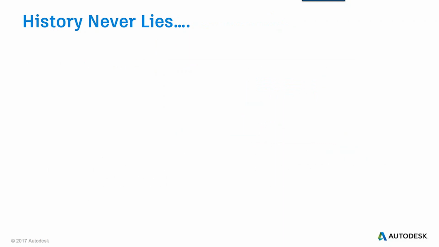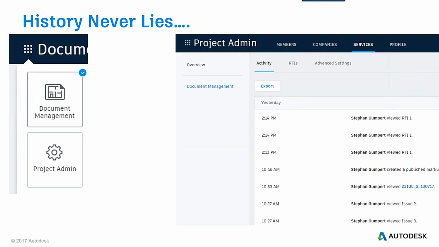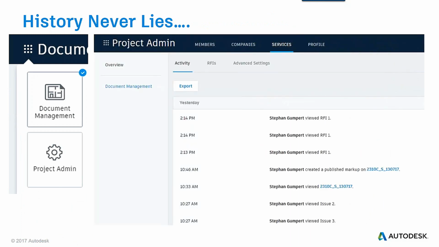As my title suggests, history never lies. We've talked a lot about the accountability side of things. If we come in and have a look at our project admin area, you can see that under the services, you can see everything that's happened inside our project. This is just obviously a snippet of a small area that I created a while back.